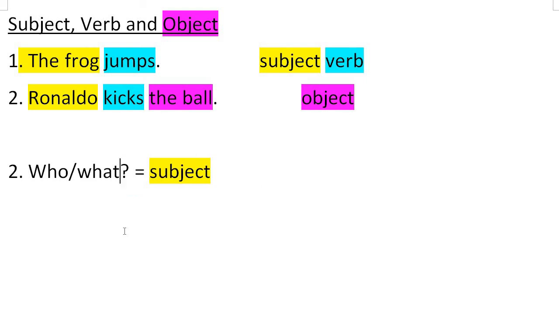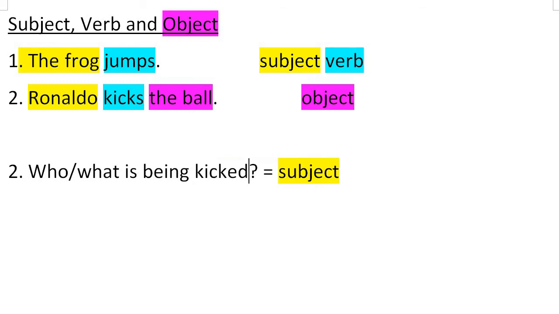You say who or what is being kicked. What thing or person is the action acting upon, not who is kicking, but what is being kicked or who is being kicked? And that answer will be your object.